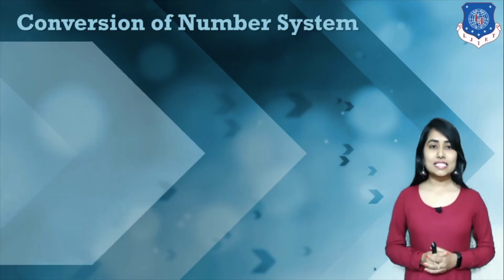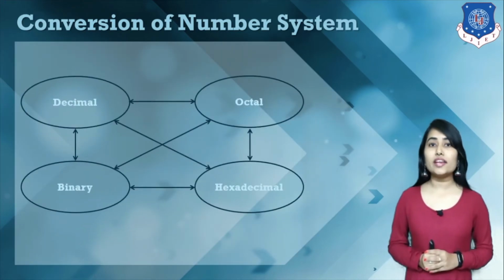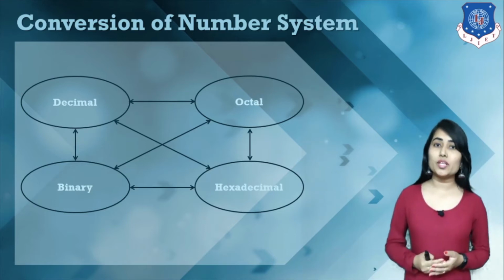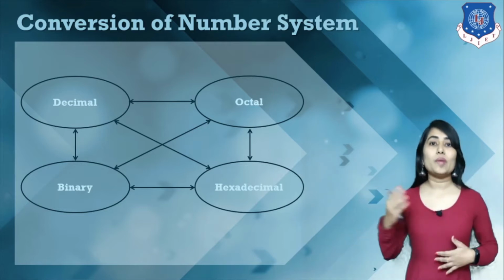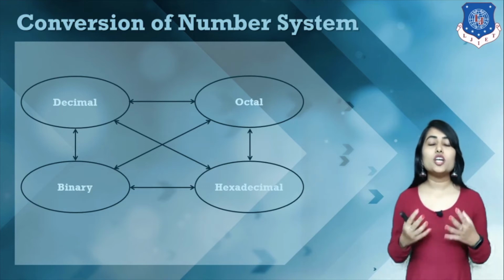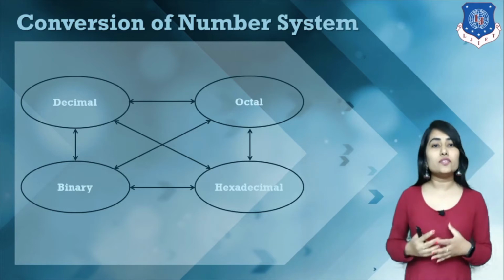Now let's discuss the conversion of number systems. As we discussed, we have different types of number systems: decimal, octal, binary and hexadecimal. These number systems can be represented using a variety of symbols.